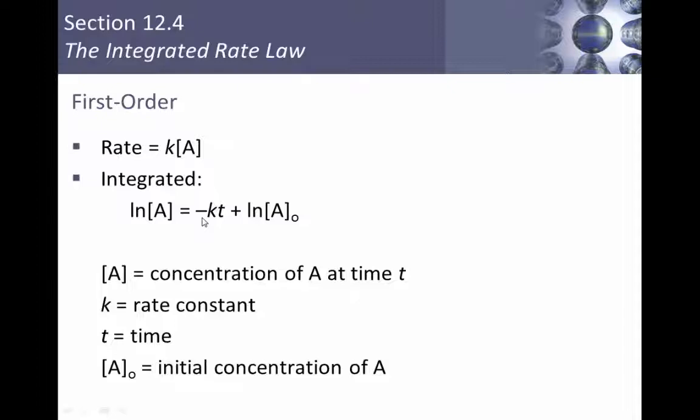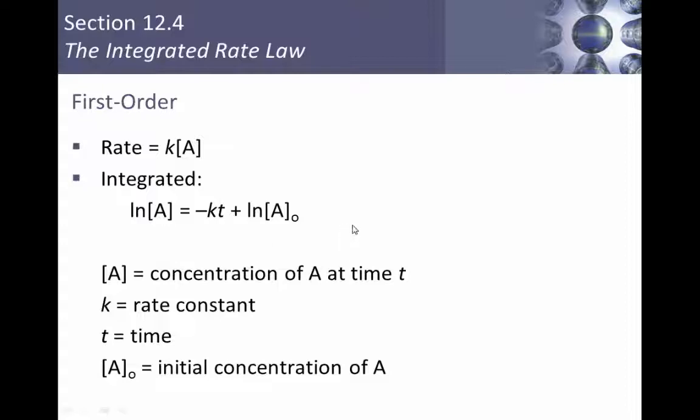The integrated rate law for first order can also be expressed in terms of the negative kt, so we can move everything to the other side. And so there's important information in the highlighted purple boxes. So remember, you should be reading as you're listening to podcasts and focus in on those purple boxes to help you review. Okay, so we're going to continue on with first order.